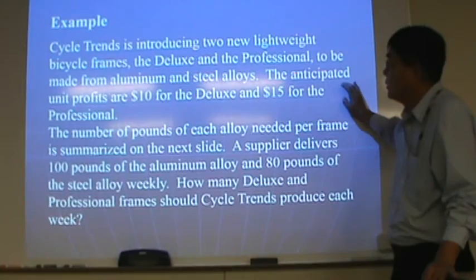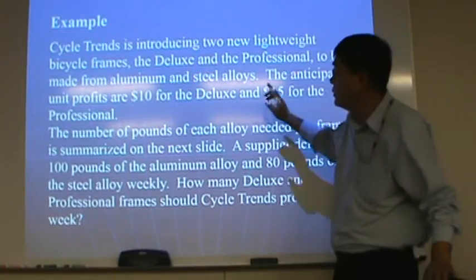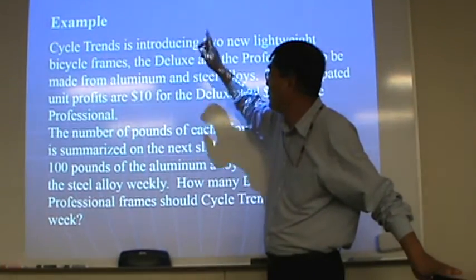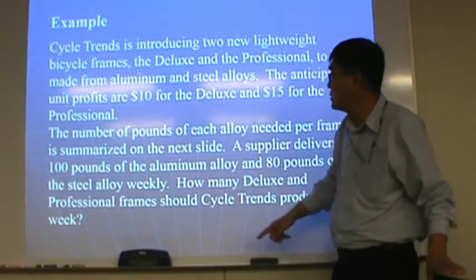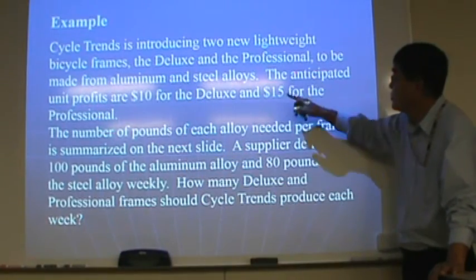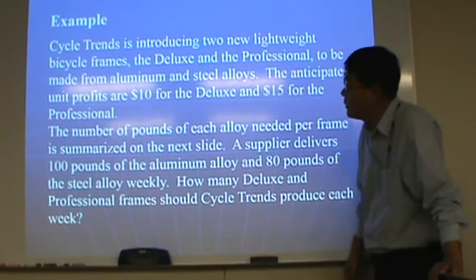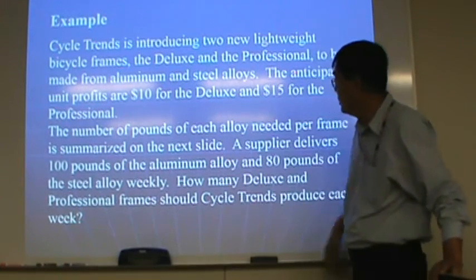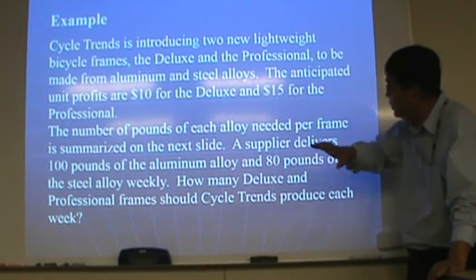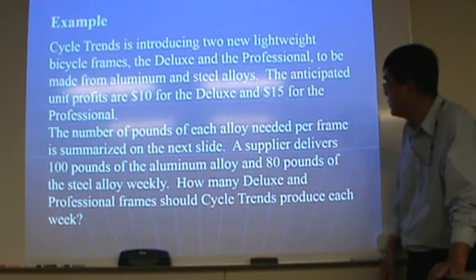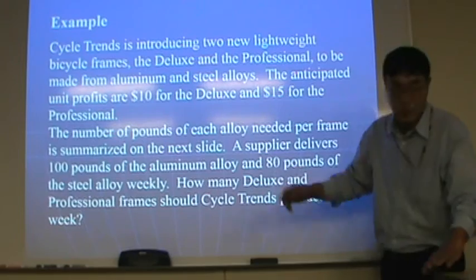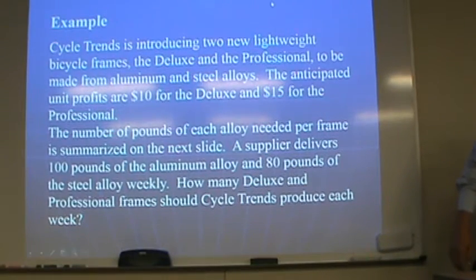The profit for a deluxe frame is $10, and a professional frame is $15 profit. The number of pounds of each alloy, aluminum or steel, is summarized on the next slide like this.